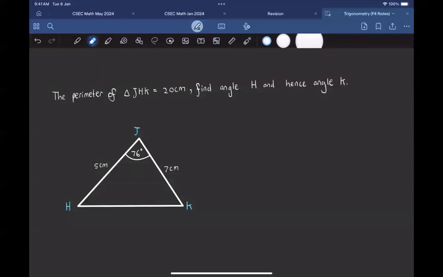And you had to find angle H, yes. Any angle you want, you can find. Usually we do that.